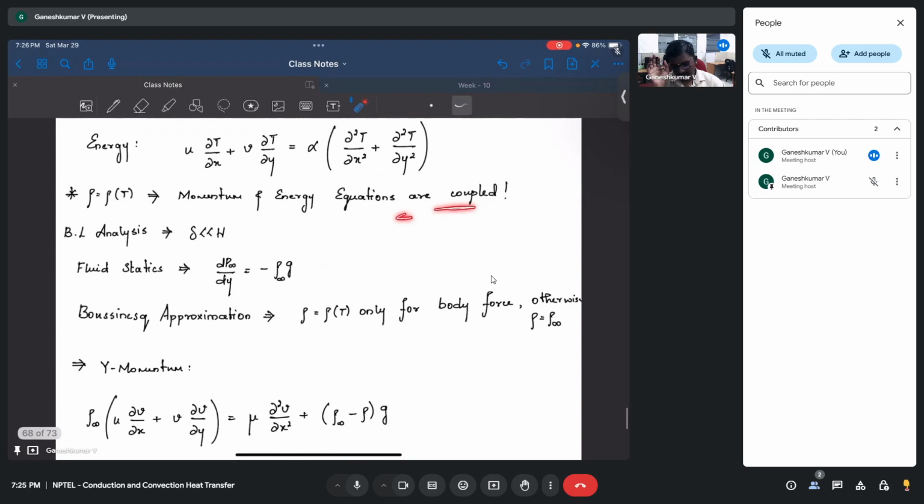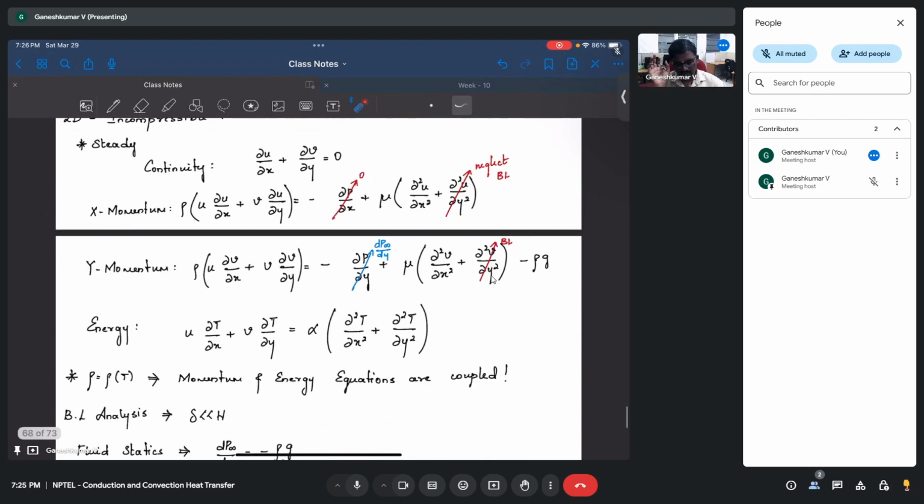The momentum and energy equations are coupled because the density is a function of temperature, and the temperature you will get only from the energy equation. So you cannot solve these two separately, and you cannot find the velocity field before solving the energy equation.